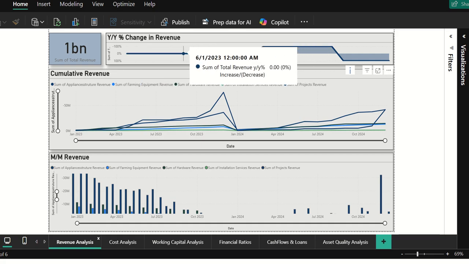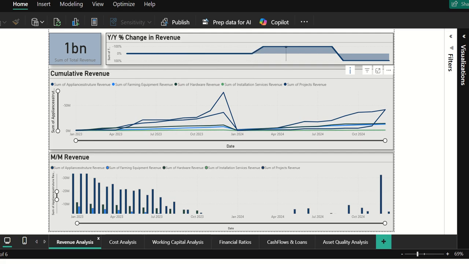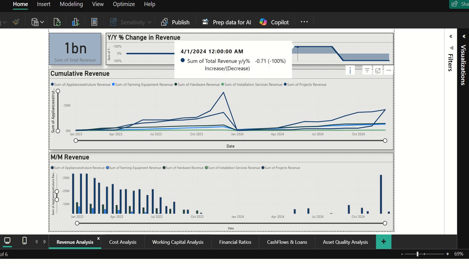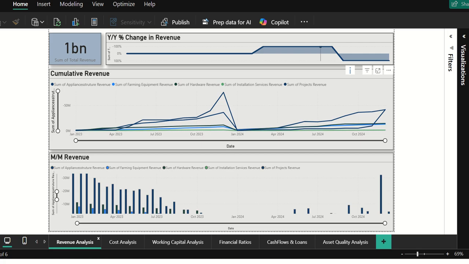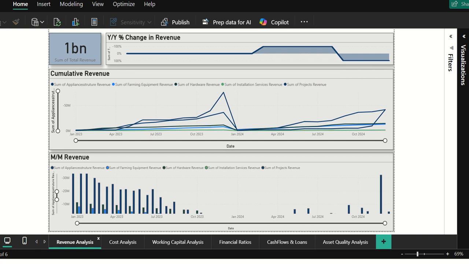Now you can see from this flat line it's 0. That's because of lack of information from the previous year. But then you find the next year there's been an increase of revenue year on year. And then here we also have another decrease year on year. So you can understand that the business did have ups and downs during that period.